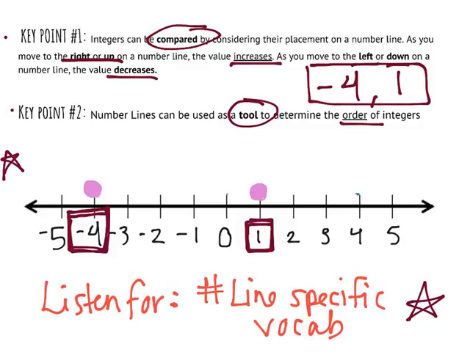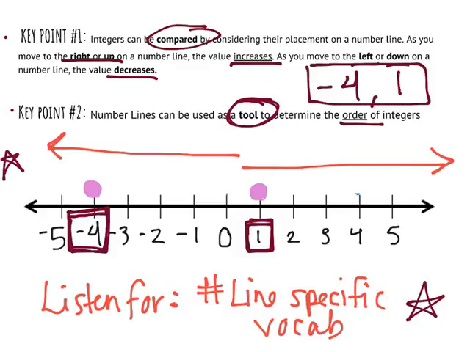So I know that -4 is less than 1, and I know that by using this number line as a tool. I know that integers, as you move to the left on a number line, get smaller. I know that the integers on a number line as you move to the right are getting bigger.